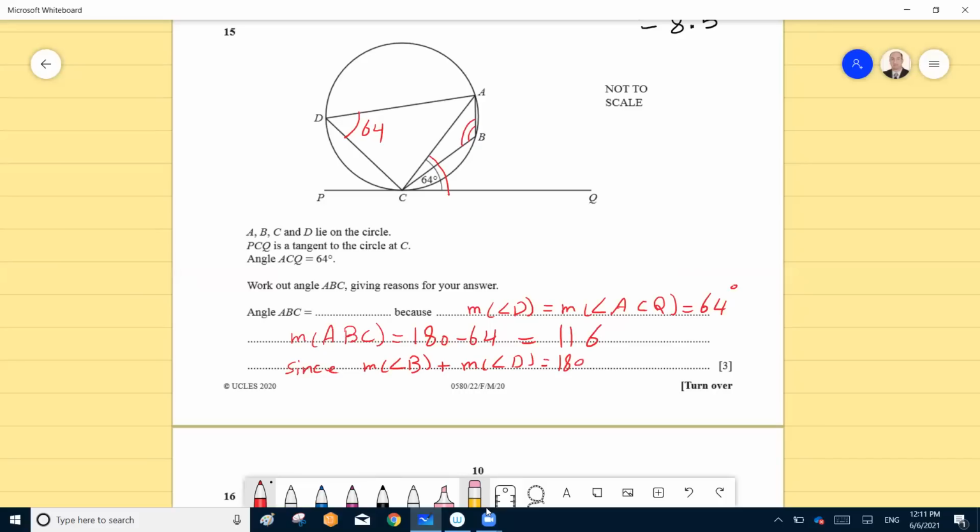Or you can write: the sum of the opposite angles in the cyclic quadrilateral is 180. This is the reason. So the angle I want to calculate, angle ABC, is 116.